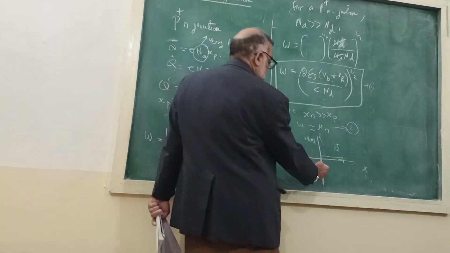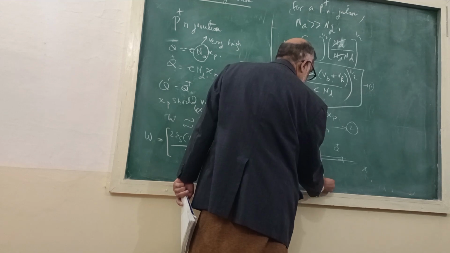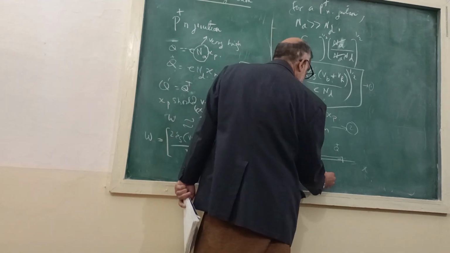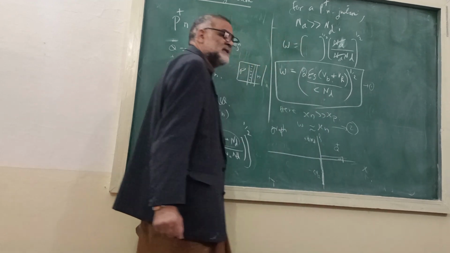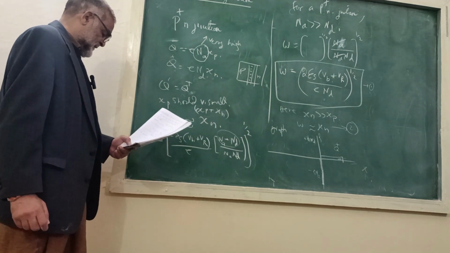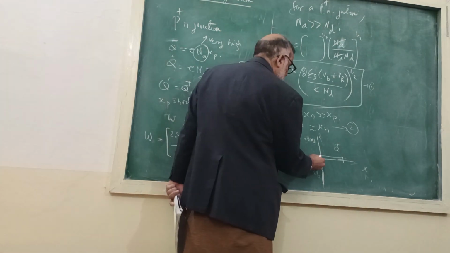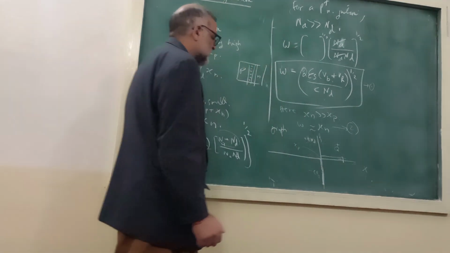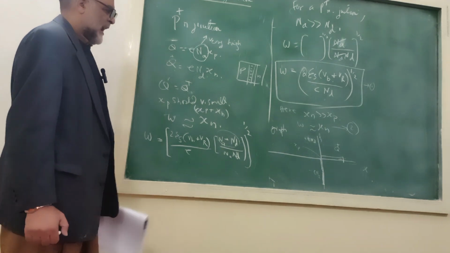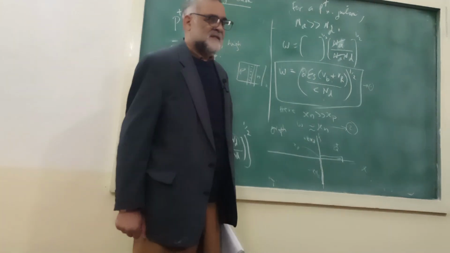Here on this side, charge is negative, and there will be minus E N A. So XP will be this one. This kind of junction is a one-sided junction.